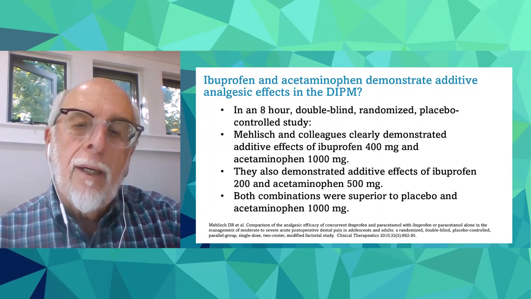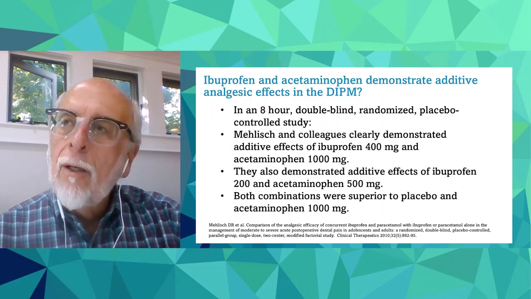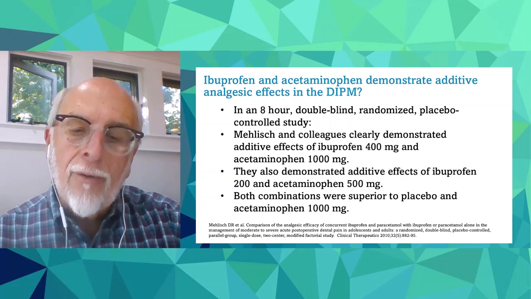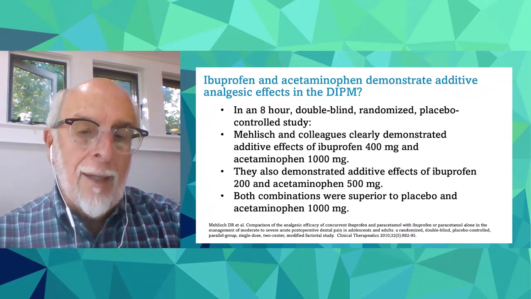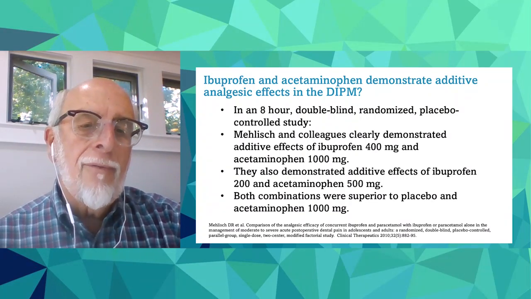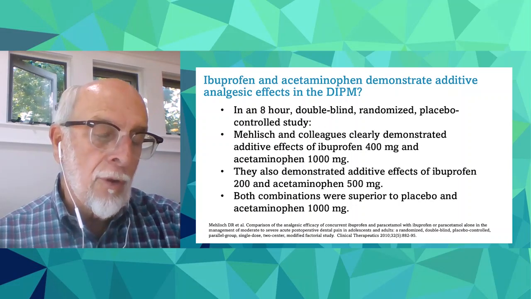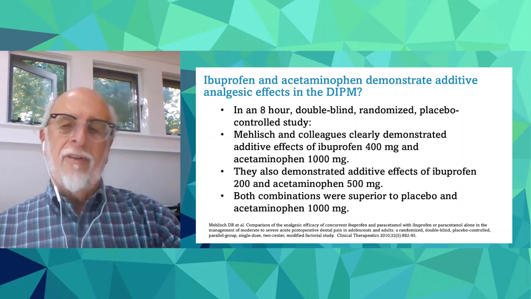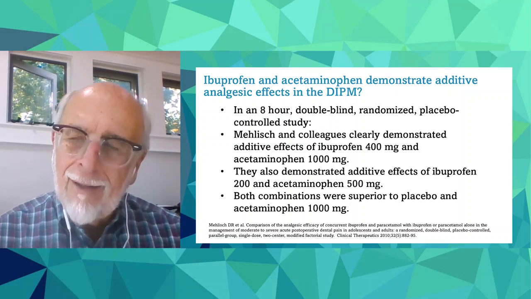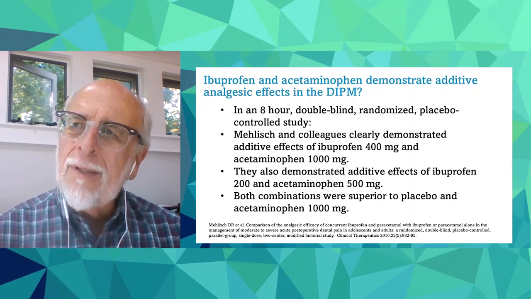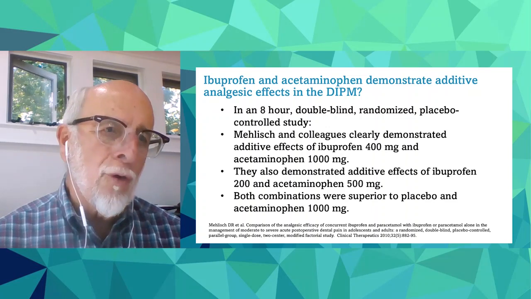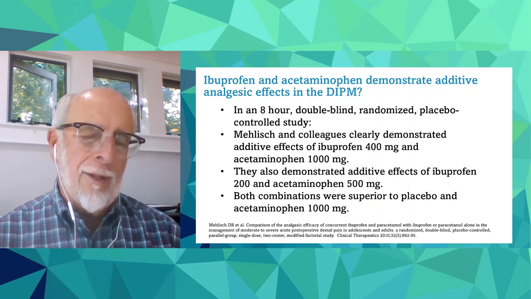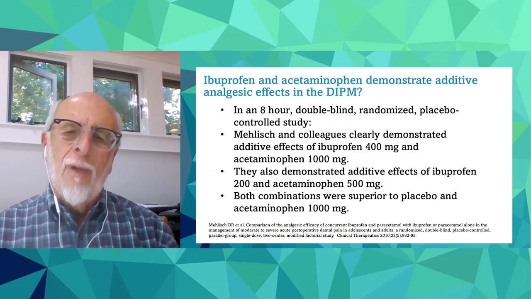So early in the 2000s, a colleague had demonstrated that if you gave or consumed ibuprofen and acetaminophen together, they had an additive effect. This was somewhat of a radical, unusual finding that no one had really thought about combining these two.